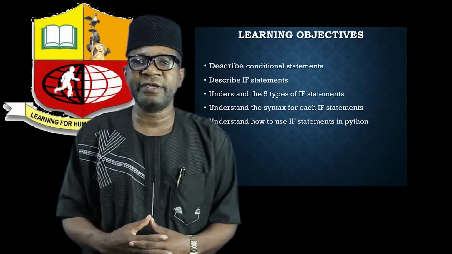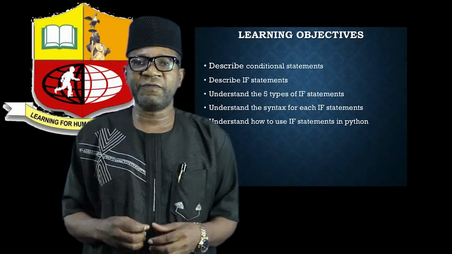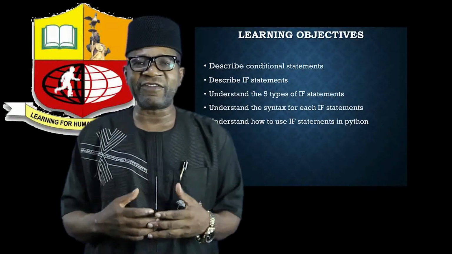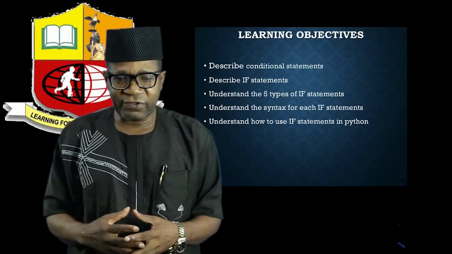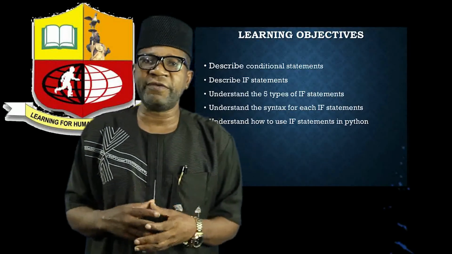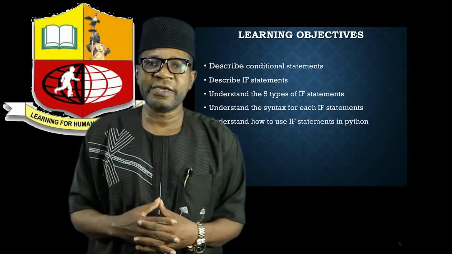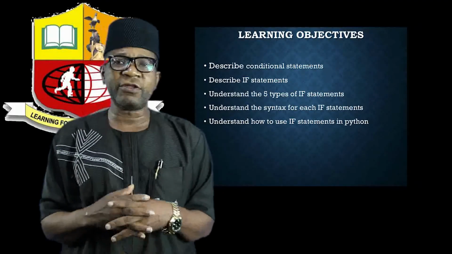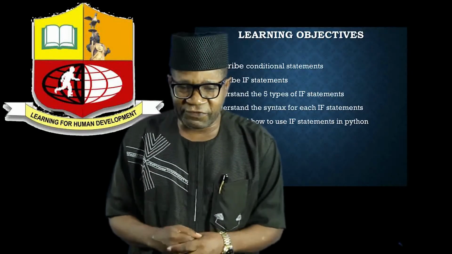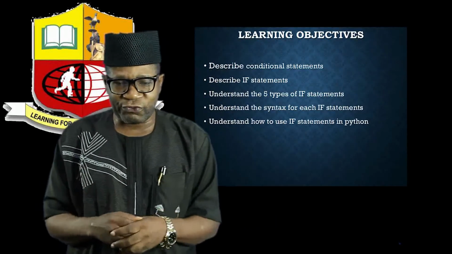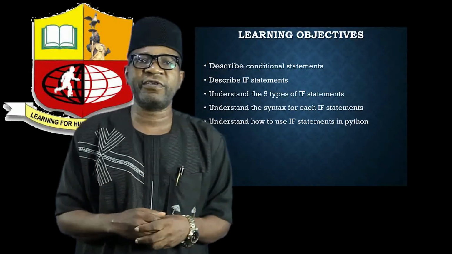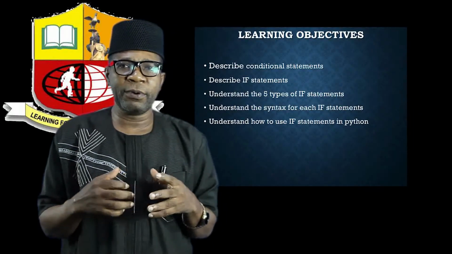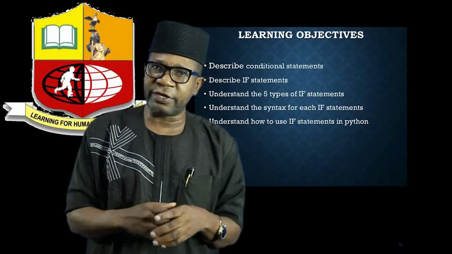And lastly, if you listen carefully and pay attention to what I'm going to teach you today, at the end of this class, you can beat your chest and say that you understand how to use these 5 if statements, the different types of if statements. That is what we are going to learn today, these 5 objectives.